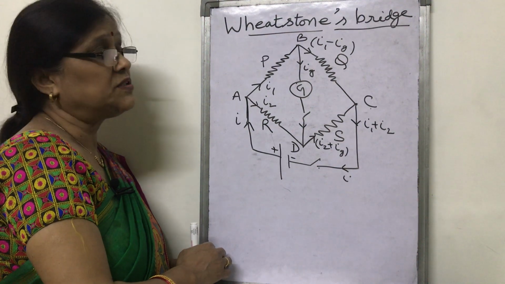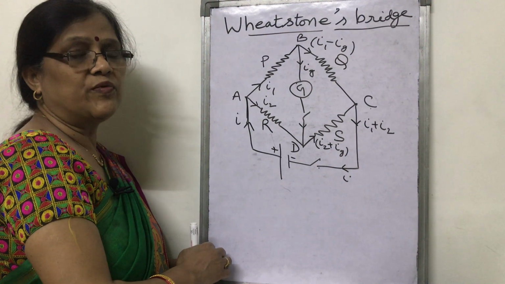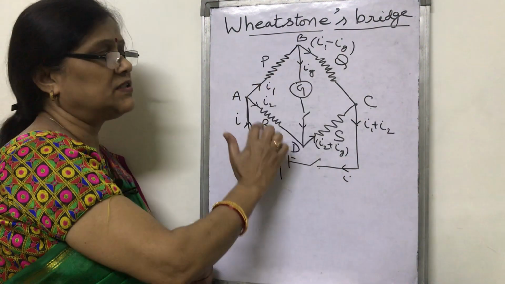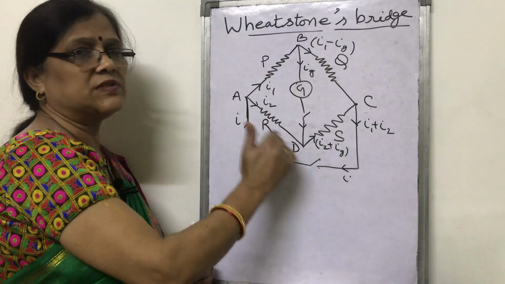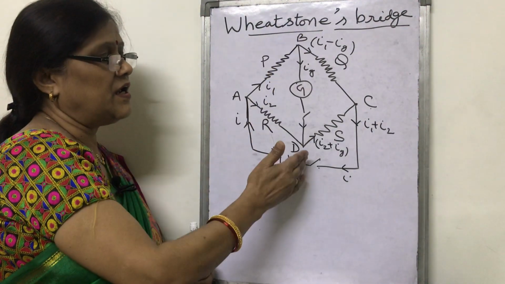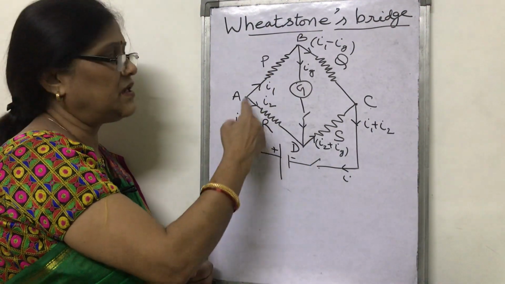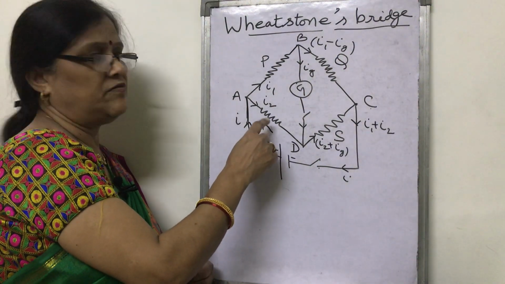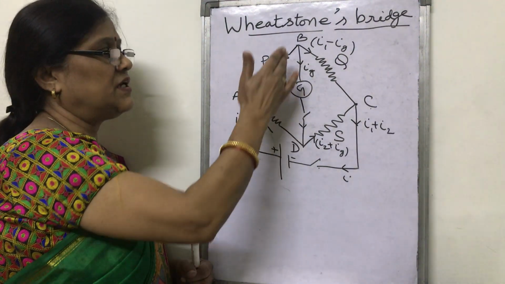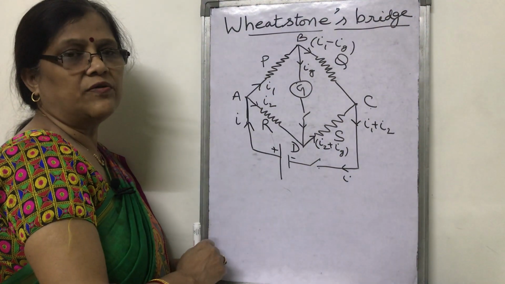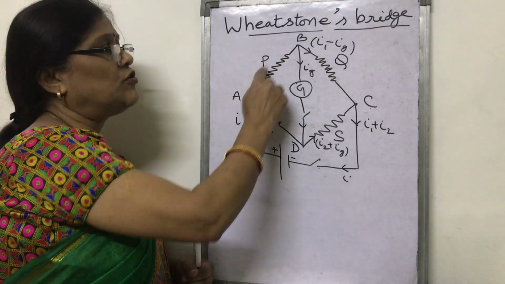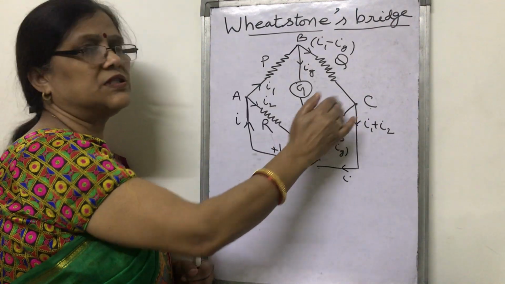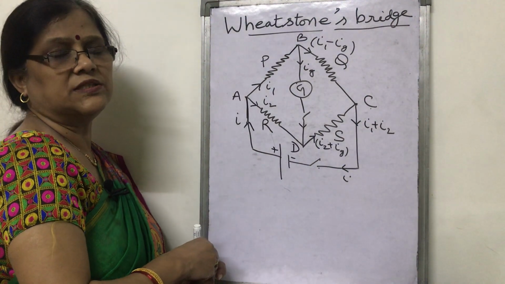You have to learn this principle and you have to prove it also. So when four resistances are joined to represent four sides of a parallelogram, with a galvanometer in one diagonal and a cell in the other diagonal, and the resistances are adjusted so that there is no deflection through the galvanometer, then the ratio of resistances of two adjacent arms is the same as the ratio of resistances of the other two adjacent arms.